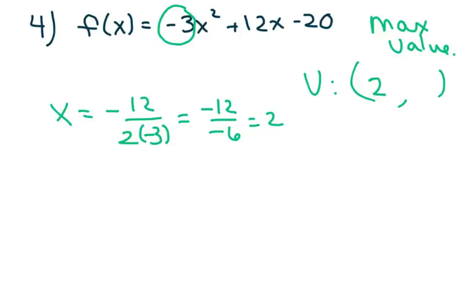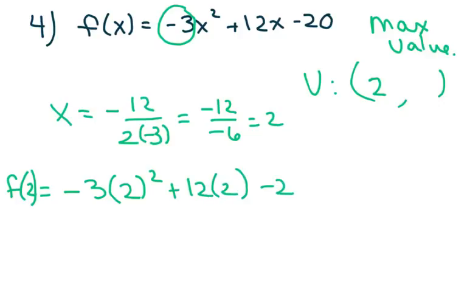Now just plug 2 in here. So we're doing f of 2, so equals negative 3 times 2 squared plus 12 times 2 minus 20.